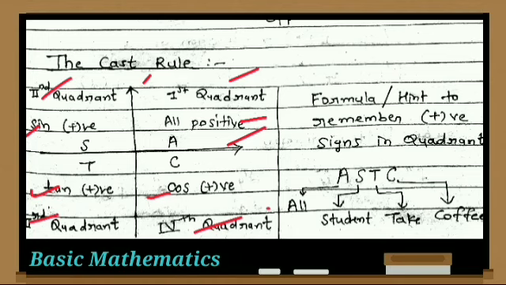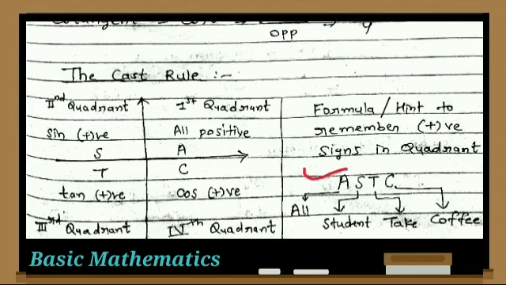So in each quadrant, two functions are positive and the others are negative. To understand it, I have written a short form to remember this concept. This is ASTC. What is the meaning of ASTC? A for all, S for sin theta, T for tan theta, and C for cos theta.